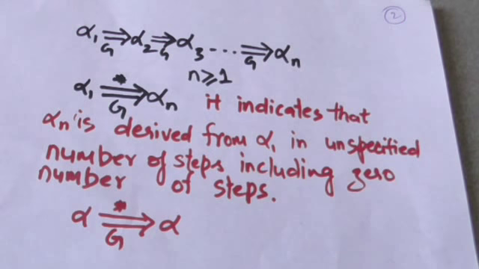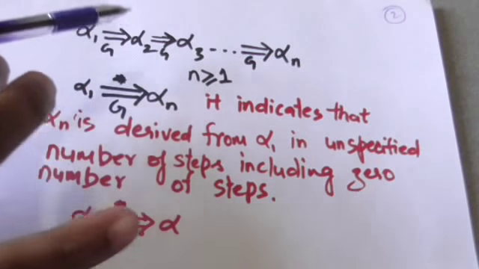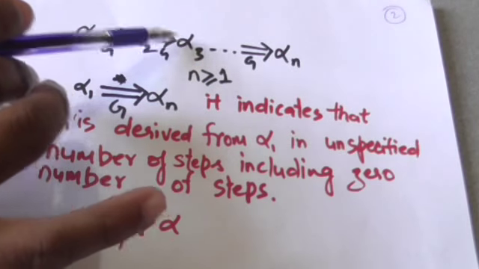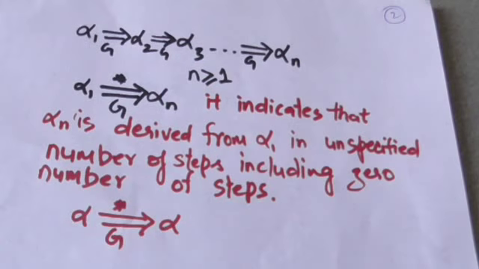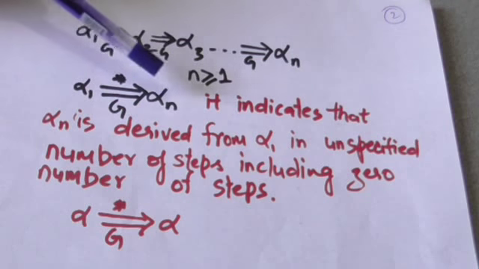Now suppose alpha 1 derives alpha 2 and alpha 2 derives alpha 3, alpha 3 derives alpha 4, and so on up to alpha n, where alpha 1, alpha 2, alpha 3 up to alpha n are strings of variables and terminals in G. So it can be shown like this, right?